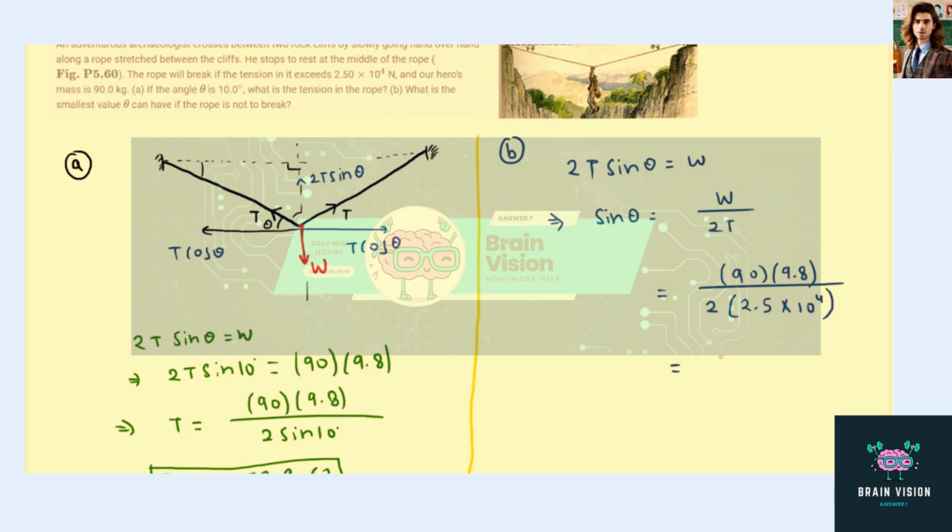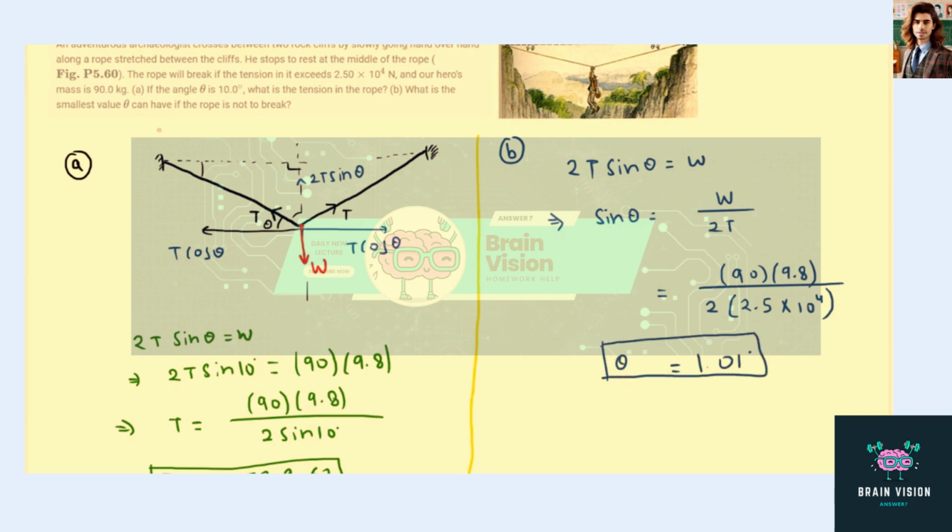So that's going to be sine inverse, and the answer is 1.01 degrees. This is the required value of theta.